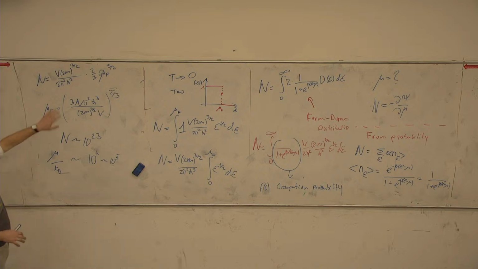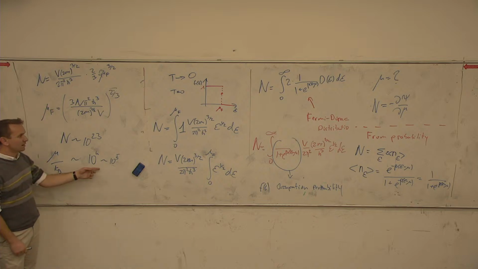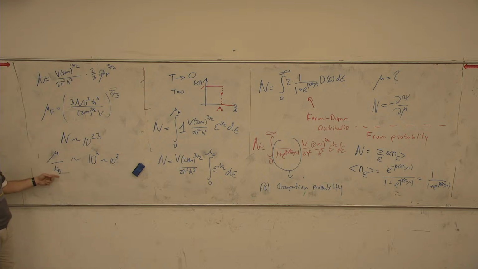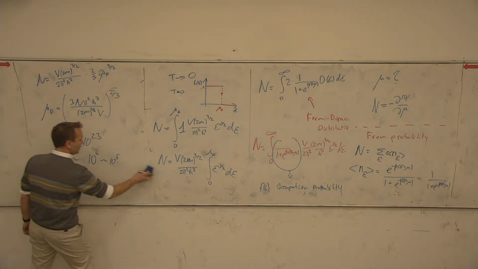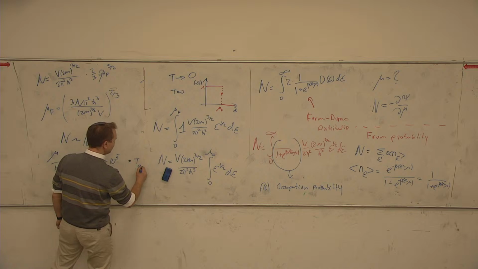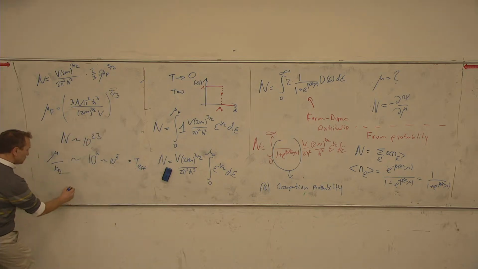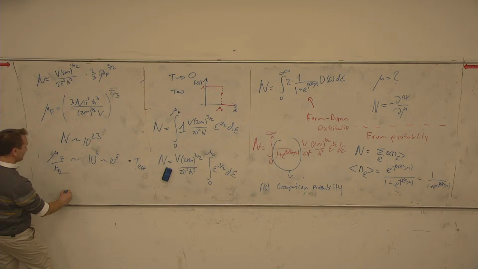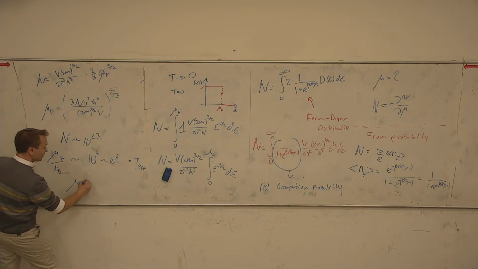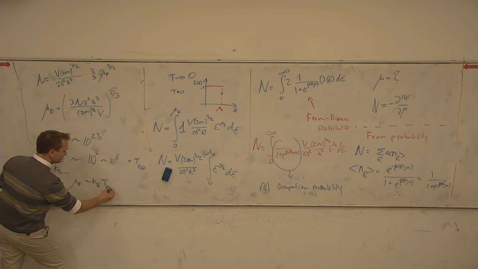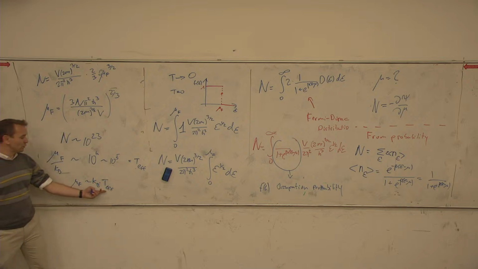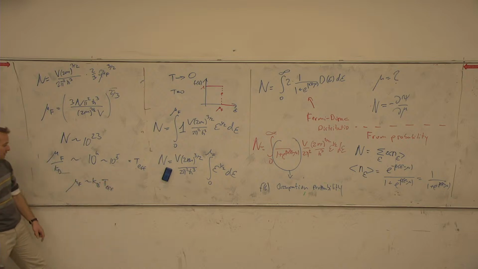Let's call this T effective. So mu Fermi is k Boltzmann multiplied by some T effective. In order to get the units of an energy, I need units of a temperature over here.